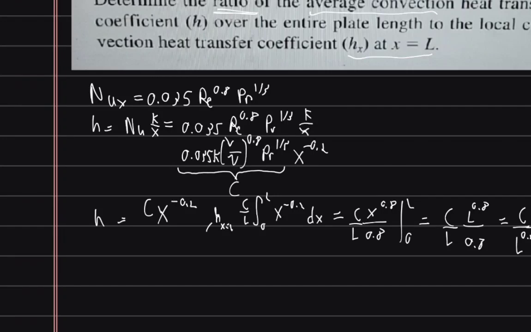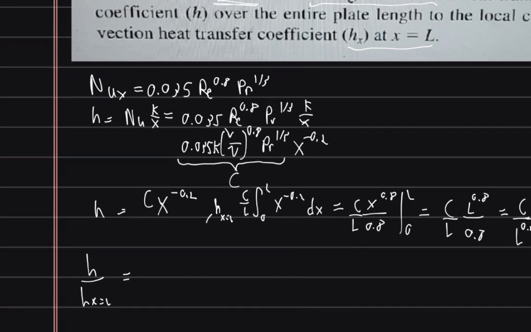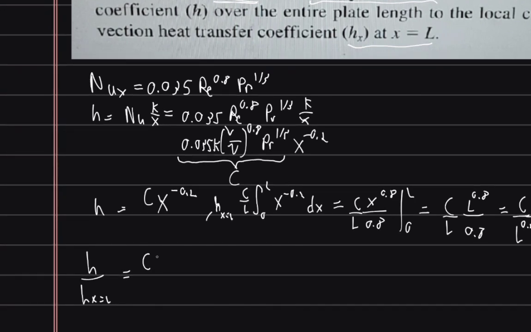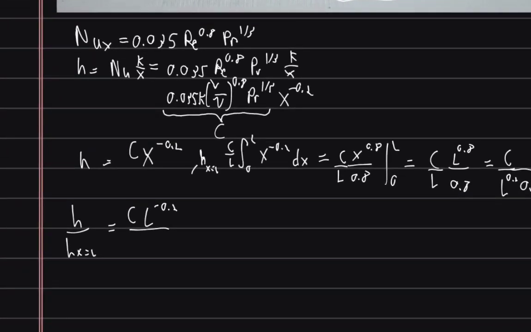So we want h of x equals L on top and the average on bottom. We're going to say c L to the minus 0.2 because we're looking at x equal to L. Now compare that to the average value, c L to the minus 0.2 over 0.8.